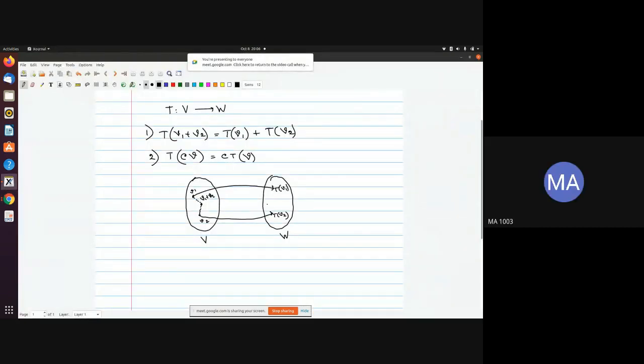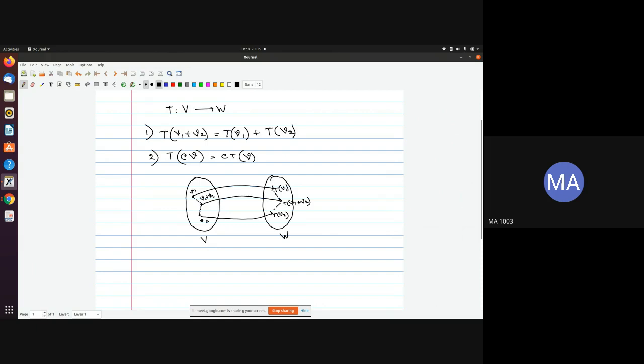So there is addition on both sides. If I do the addition in V, I will get v1 plus v2. It has the image here, that is T of v1 plus v2. And there is addition on this side also, inside W, that is T v1 plus T v2. I am expecting the images to be the same.